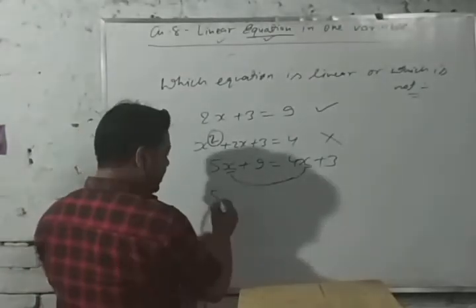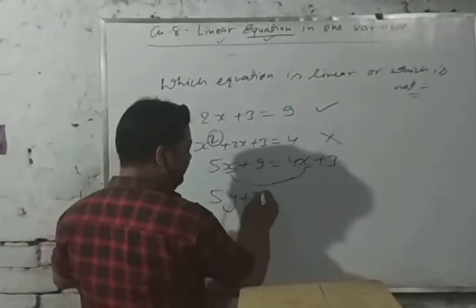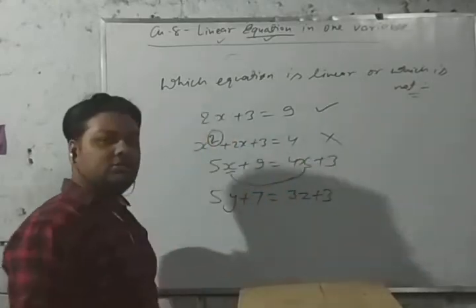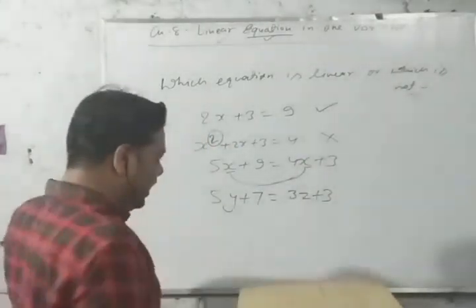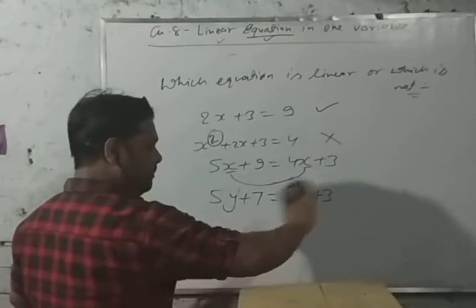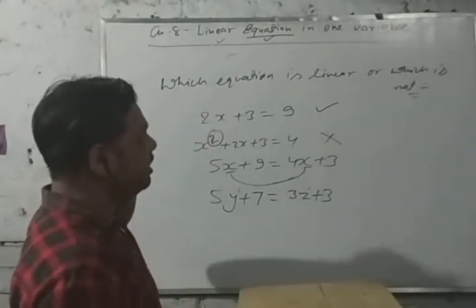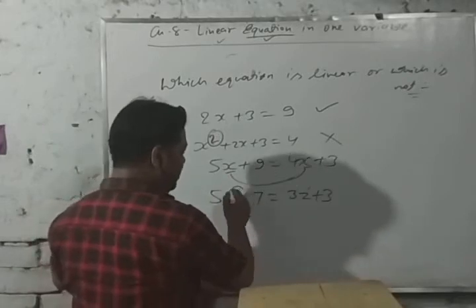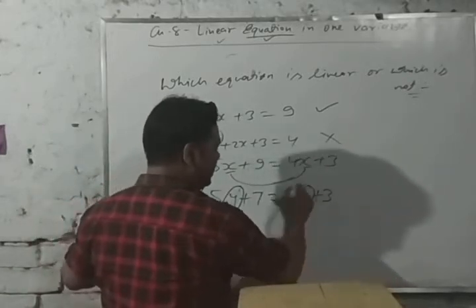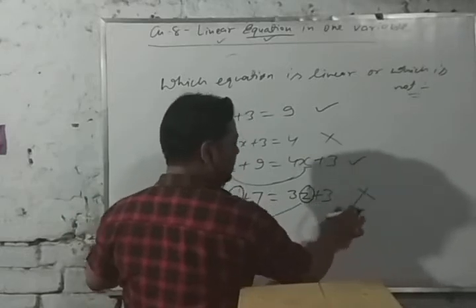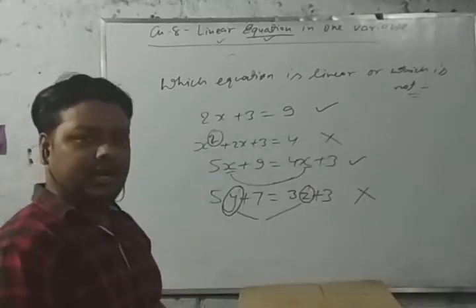But if the question is 5y plus 7 and 3z plus 3, is it a linear equation in one variable or not? See, at first, power 1 means it is a linear equation. Now is it one variable or not? No. Why? Because here y and z are two variables. So it cannot be a linear equation in one variable.